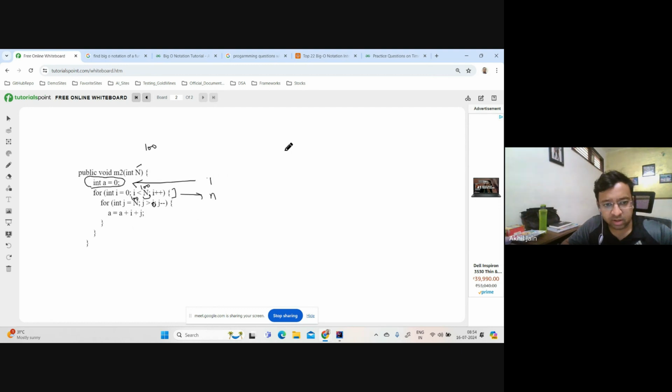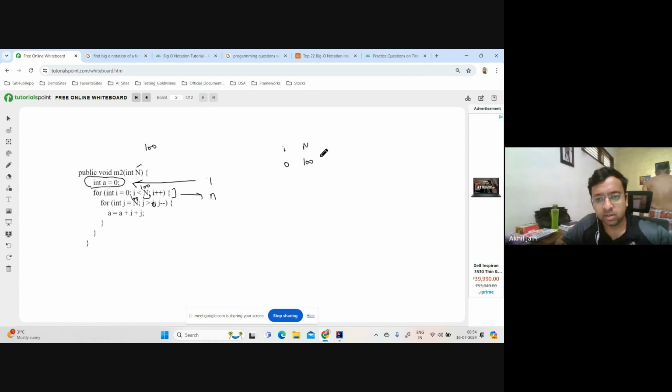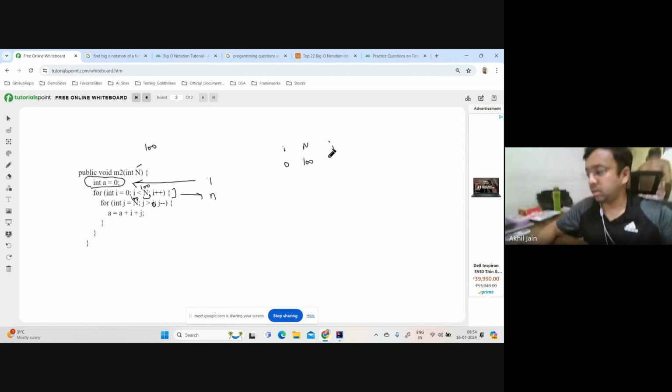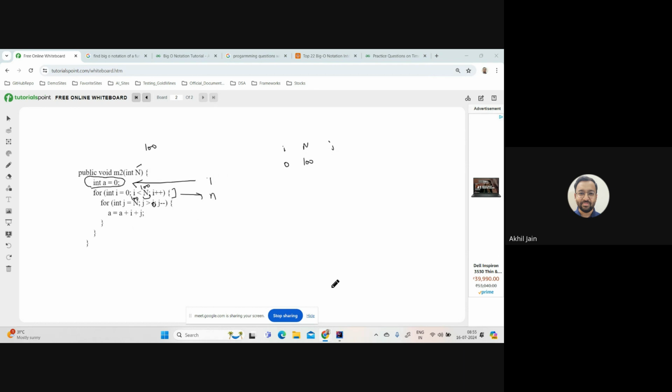In the first case, the value of i is 0, n is 100, and j becomes 100 there.